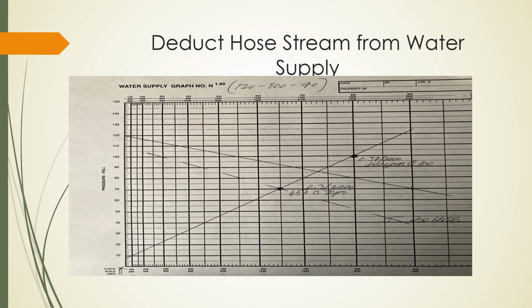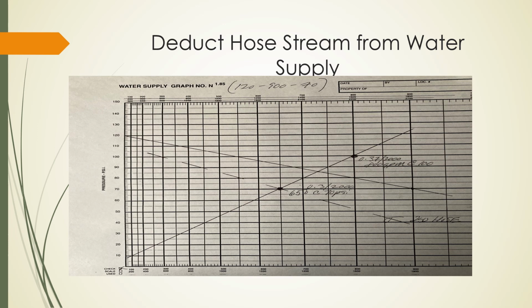I said in the last presentation that I wouldn't add the hose stream into it, but just for sake of discussion, I'll do that just so you can see what happens. In this case, we've got the system curve, we've got the water supply, and I pulled out a 250 outside hose allowance. Generally it would have been 500, but just to make this thing clean, I just had a 250 reduction.